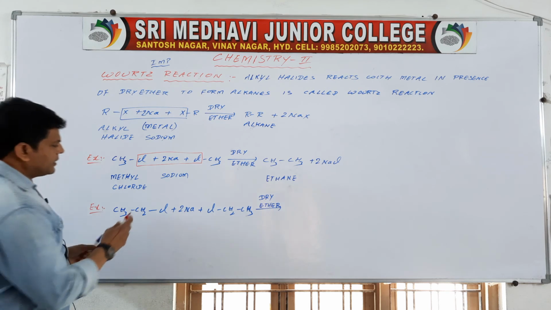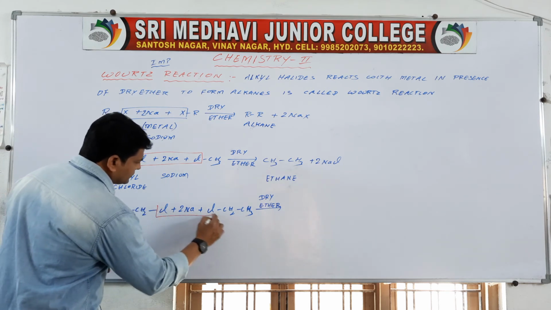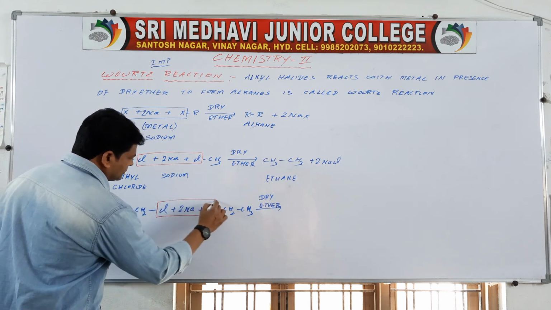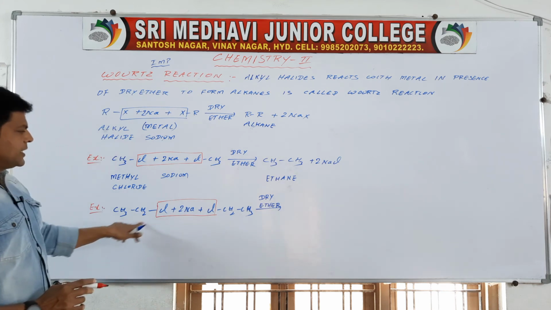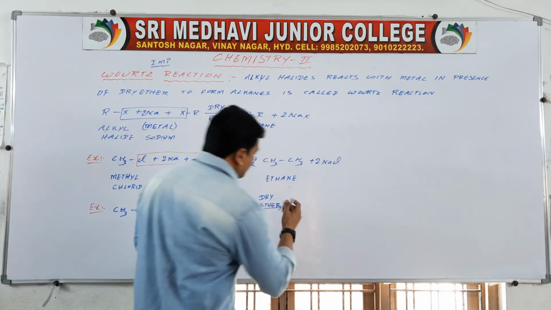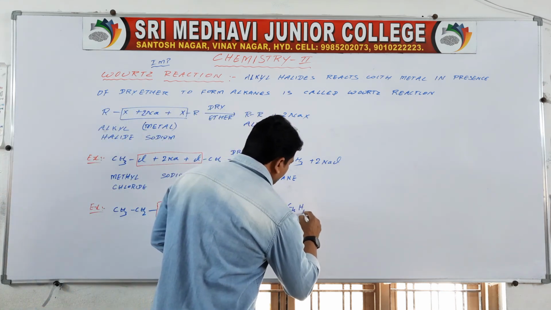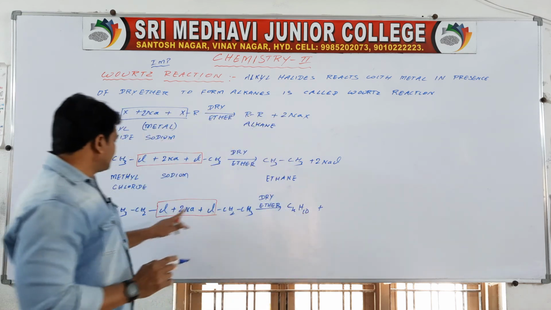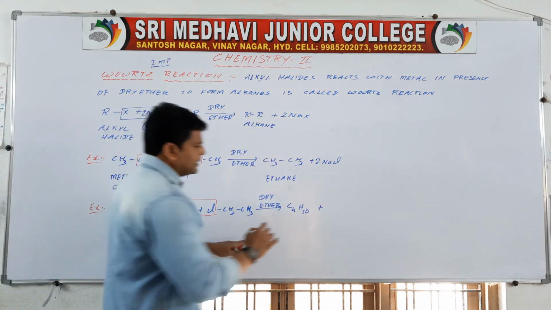Then the product is CH3CH2CH2CH3, that is C4H10, plus 2NaCl.